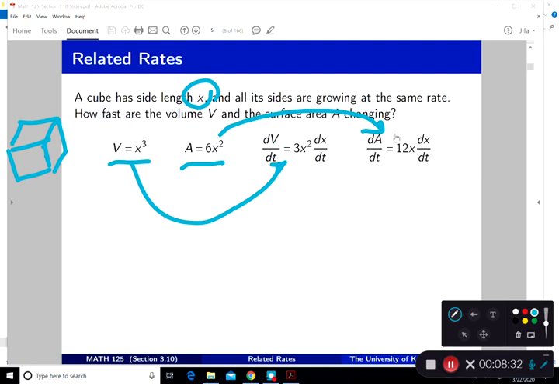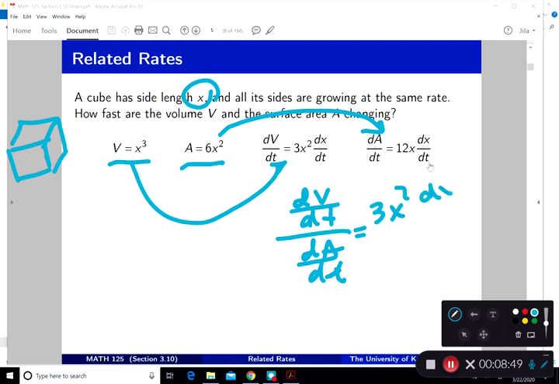How are they related? If I divide dV/dt over dA/dt, then I'll get 3x squared dx/dt over 12x dx/dt.